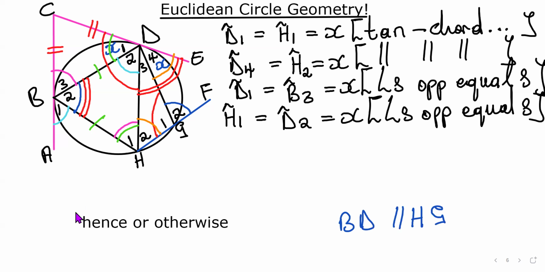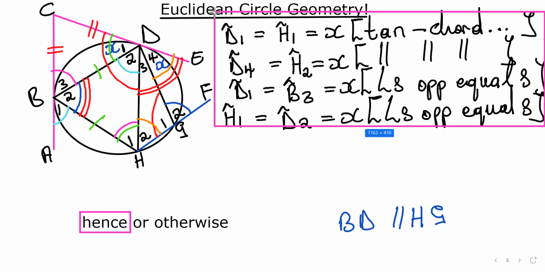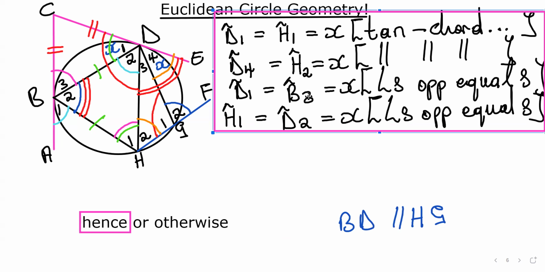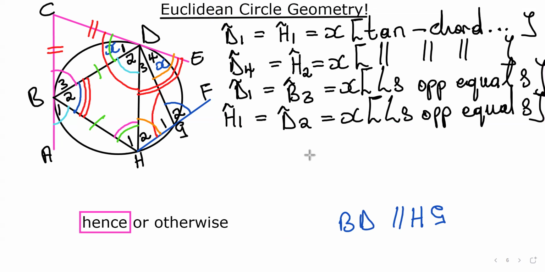The word hence means you use what you found previously, what you found above, in order to do this question. In other words, we are going to go to this piece of information which we found in the previous question and try to see how we can prove that BD is parallel to HG.